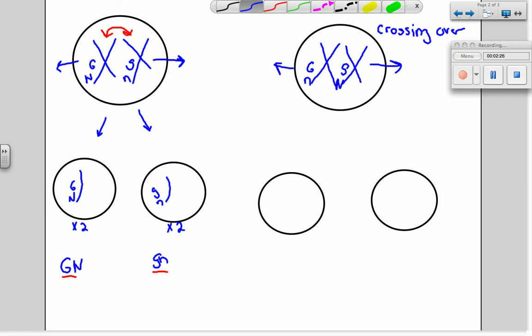The sister chromatids are still going to segregate, which means that in this cell I have a capital G still, but now I have a lowercase n. Over here I have lowercase g and a capital N. Each times 2 because those sister chromatids also segregate, so that my genotypes are capital G, lowercase n, lowercase g, capital N.